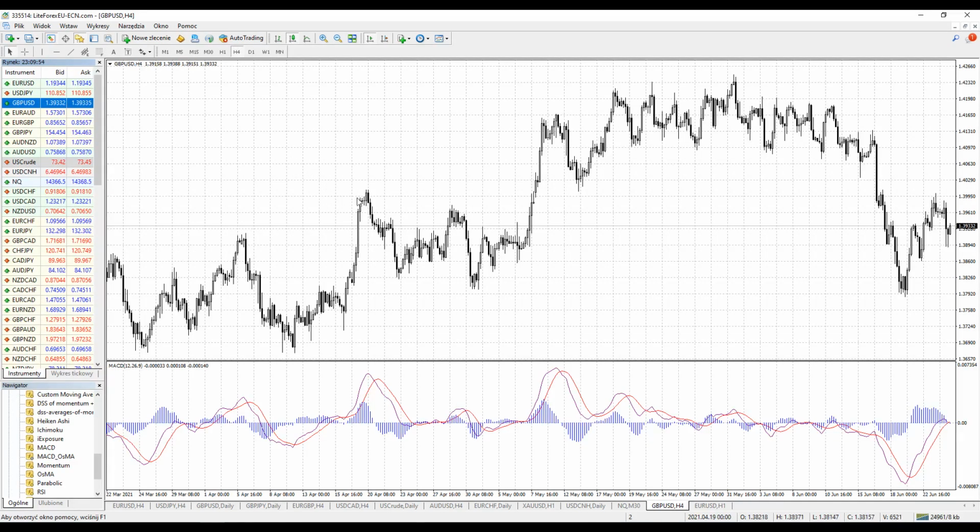So what we have, for example, here when it comes to the price, over here and over here, what we have when it comes to the MACD, here and here, right? So there was a clear divergence, and trading basically only on that, we would be probably stopped out.